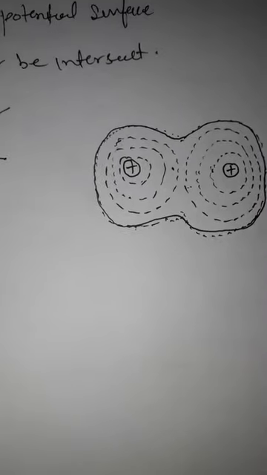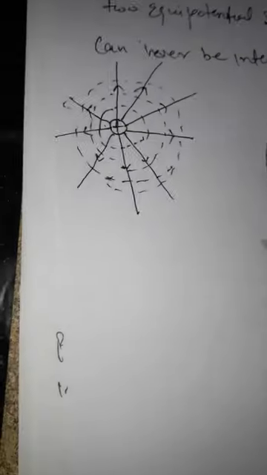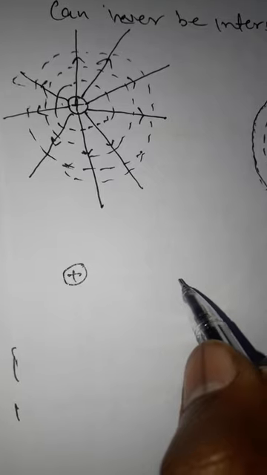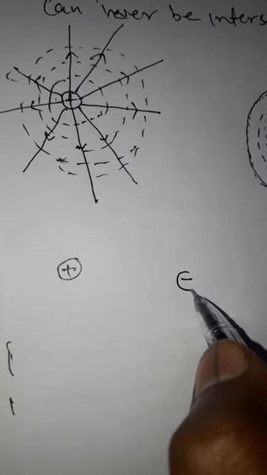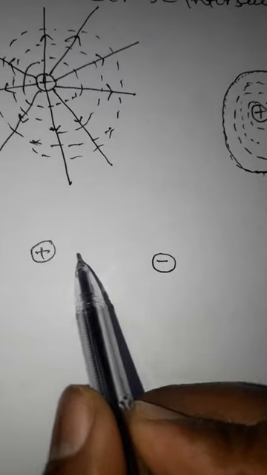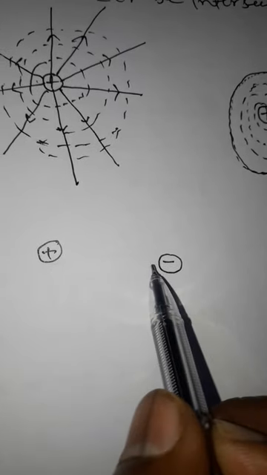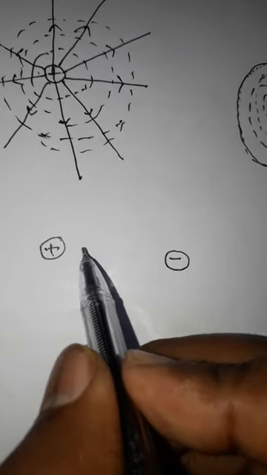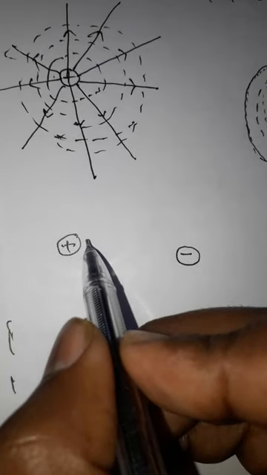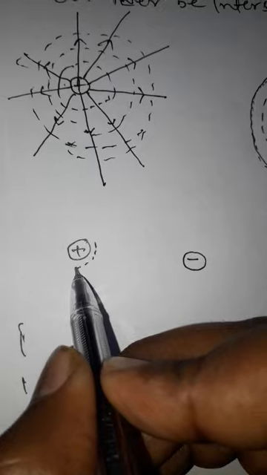Similarly, in the case of two charges, a positive charge and a negative charge separated by a certain distance, the field between these two charges is very strong. So in the space between these two charges, the equipotential surfaces are close to each other, like this.